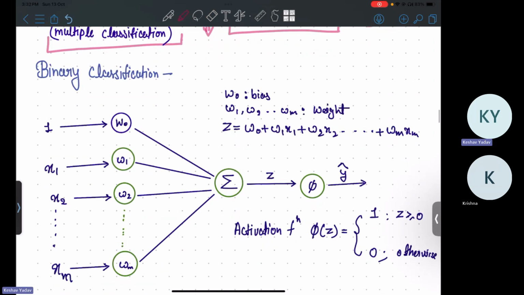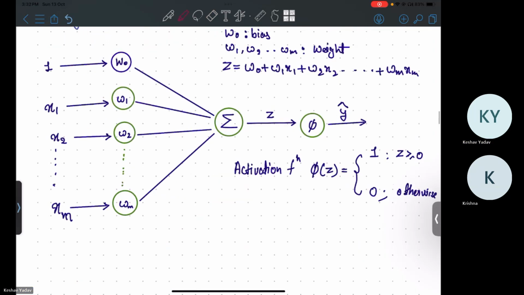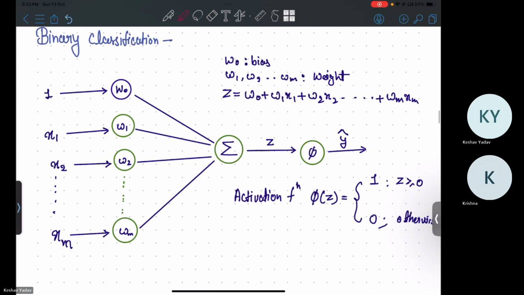So let us now represent the binary classification artificial neuron. Here we have a 1 and the bias w0 associated with that. And we have a vector x1, x2, and so on up to xm, and the weights associated with it, w1, w2, up to wm.